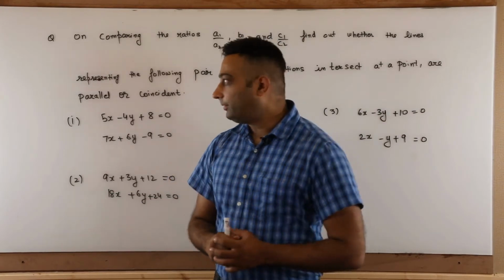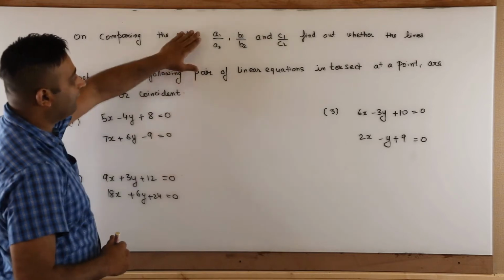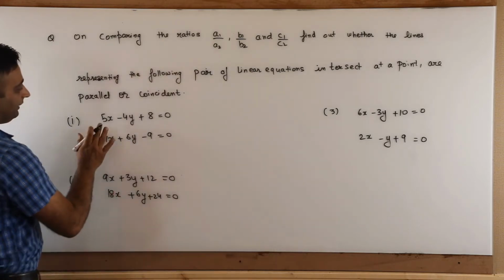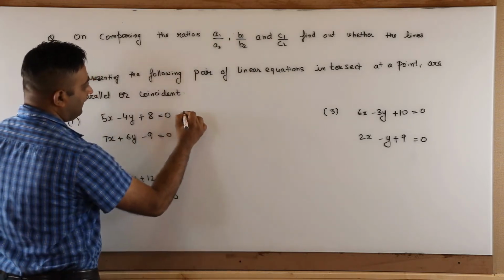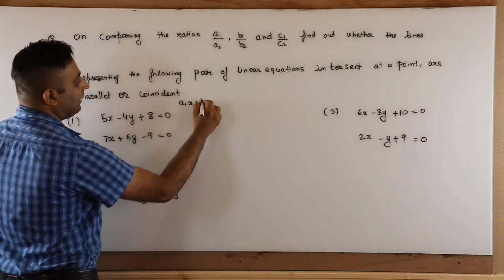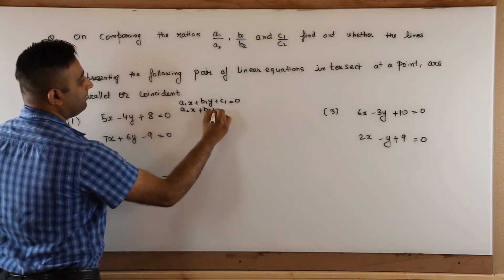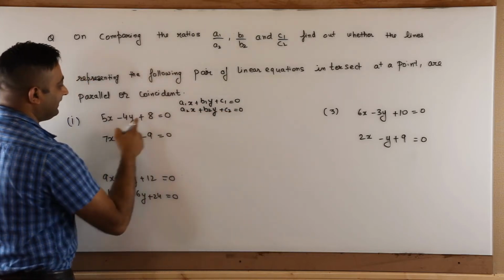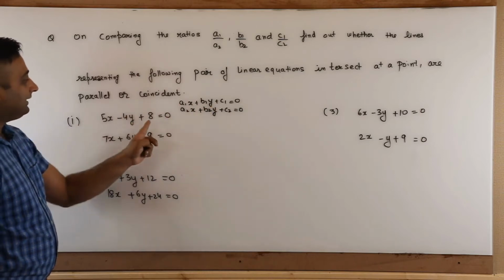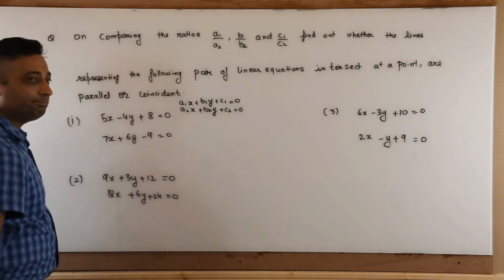Let us do one problem to understand how the lines are represented by comparing the ratios a1 by a2, b1 by b2 and c1 by c2. So in the first pair, after comparing with a1x plus b1y plus c1 equals 0 and a2x plus b2y plus c2 equals 0, we can see that a1 is 5, b1 is -4 and c1 is 8. a2 is 7, b2 is 6 and c2 is -9.